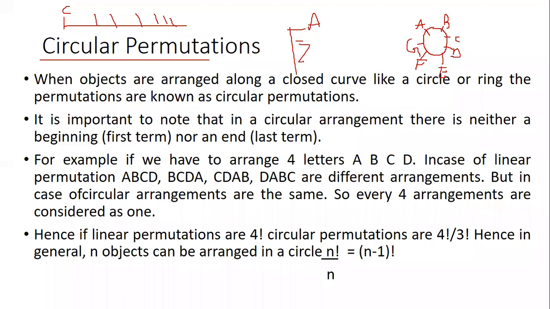But when it is a closed curve, something like a circle, it is difficult to identify who is first. To calculate the permutation, there will be no beginning or end person. Here I have started with A and ended with G.